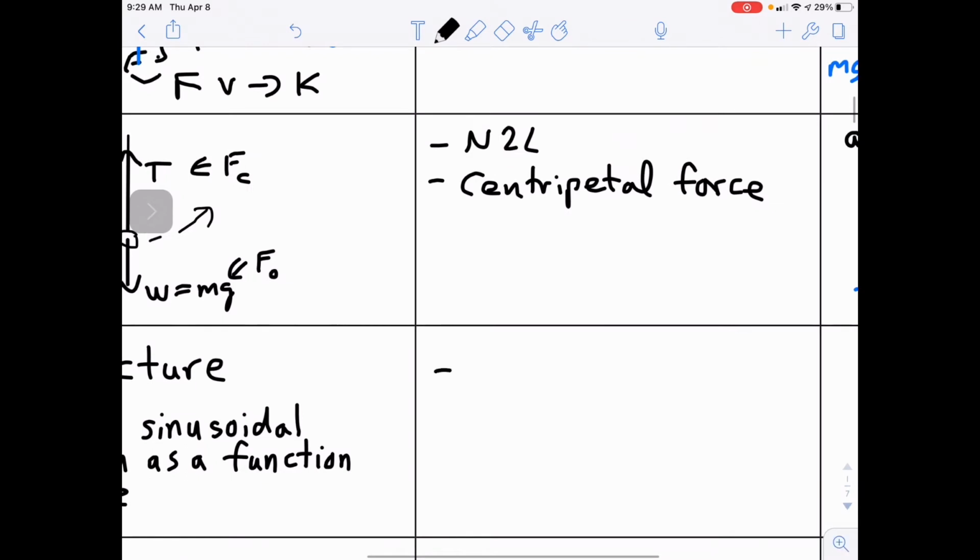The concept for this would be a simple harmonic motion wave function.